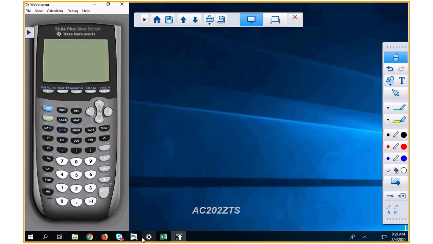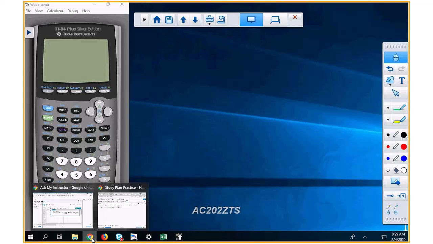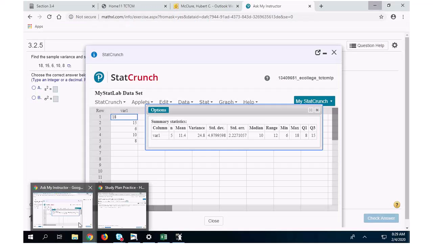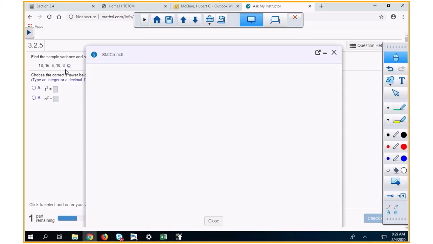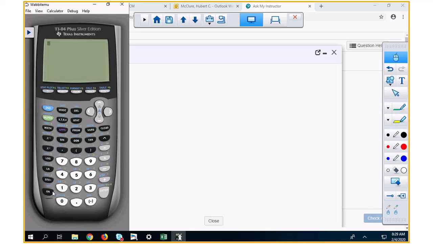Let's go ahead and pull that back up. Let's see, that's not it. Is that it? Yeah. So what is it? 6, 8, 10, 15, 18. I think that's what I said.